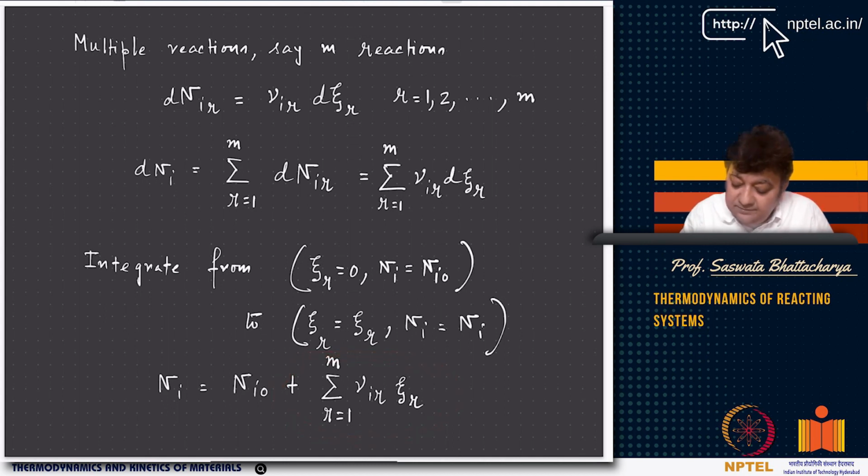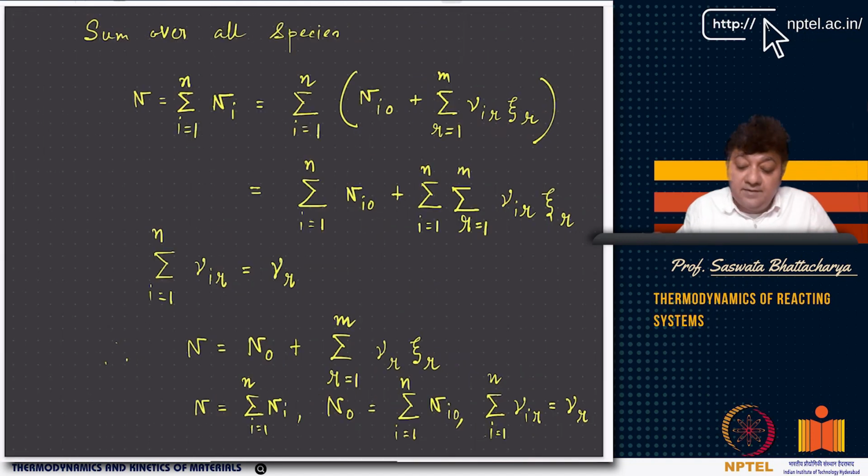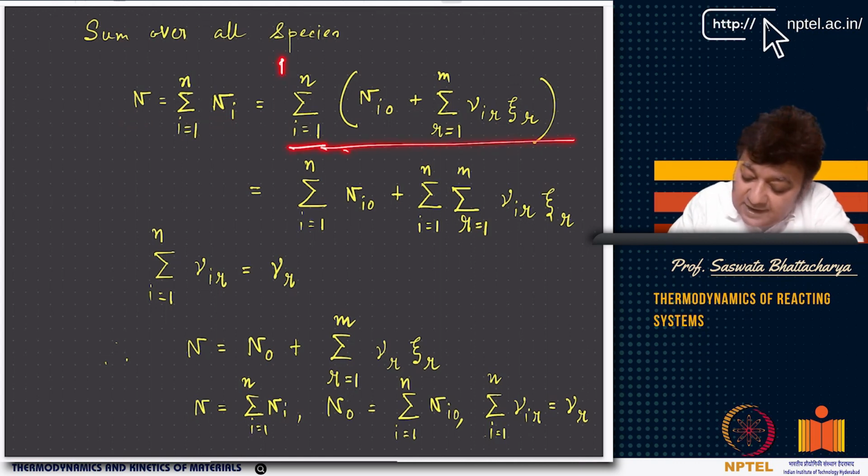Since they are reacting species, ni, the final mole number for each species i, is going to be this plus this. Now, if you sum over all species, you will get the total mole number n, which is the sum of this entire expression.